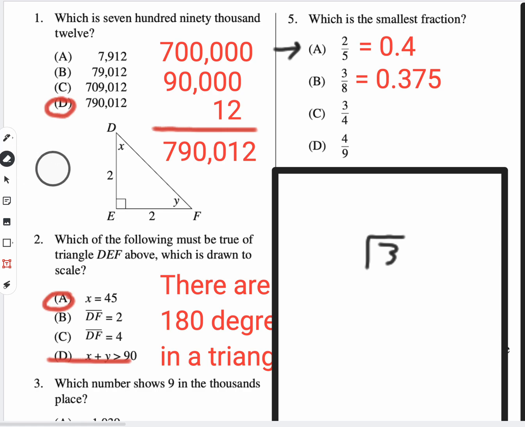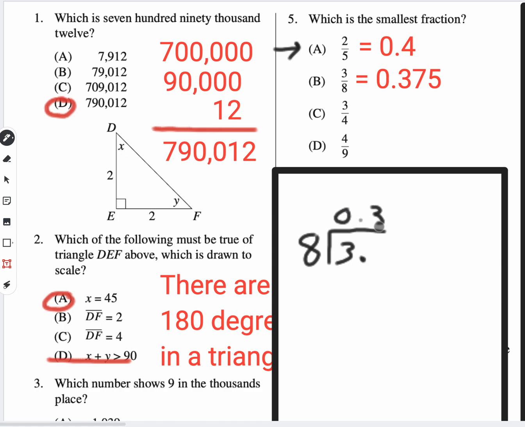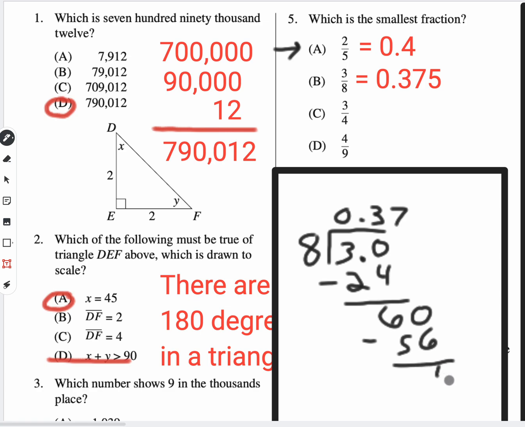Let's divide out 3 by 8. 8 will not go into 3, however, it will go into 30 3 times. 8, 16, 24 will leave us with 6. We can bring down our 0. 8 will go into 60 7 times. 8 times 7 is 56, leaving us with 4. Bring down the 0. 8 times 5 is 40. 0.375 for 3/8.